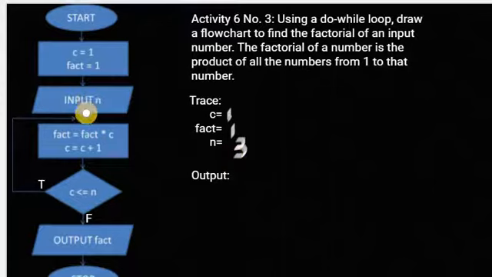Next, we're going to just follow the arrow downwards. Here we have fact is equal to fact times C. The current value of fact is 1 times the current value of C, which is 1. So that's 1 times 1 is 1. So the value 1 goes to variable fact. So here in the trace portion, we're actually going to replace this with the same number.